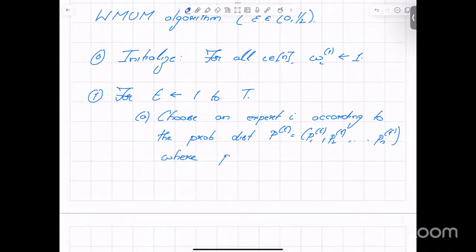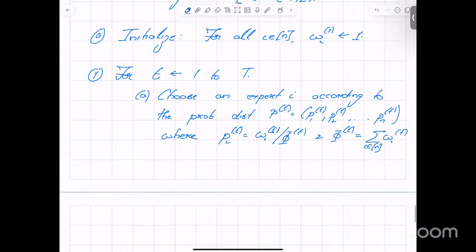Whereas before, Pit is Wit divided by phi of t, and phi of t is the normalization. So you just act according to whatever that expert does. It could be a binary answer, whatever answer. Then observe the outcomes.